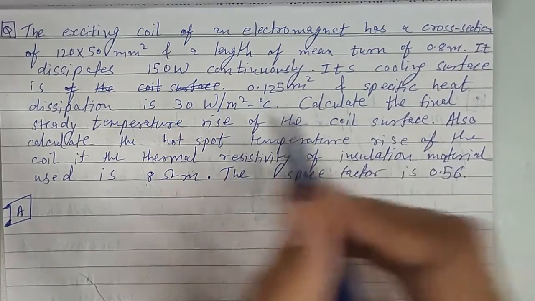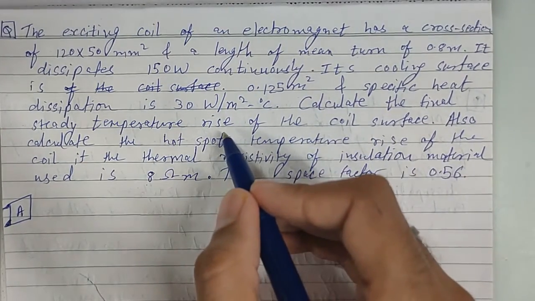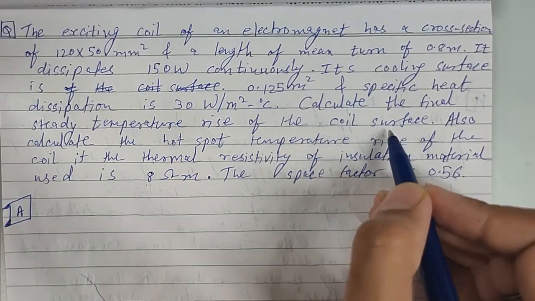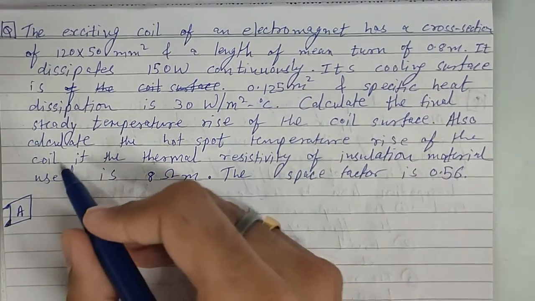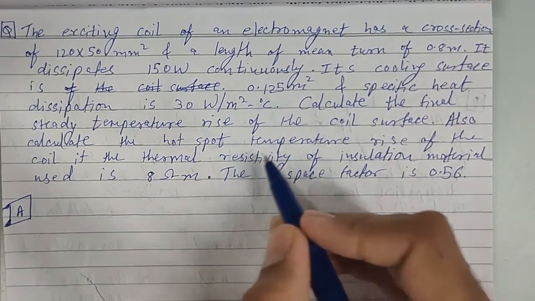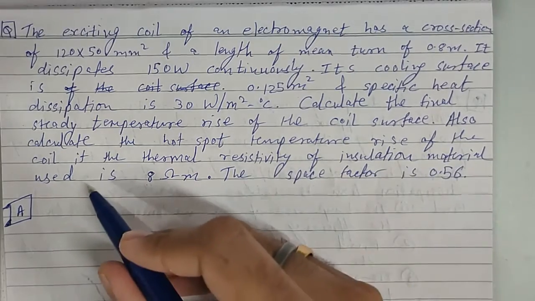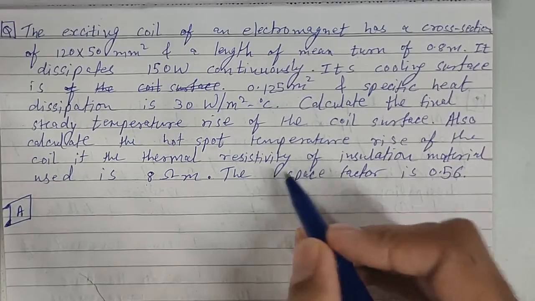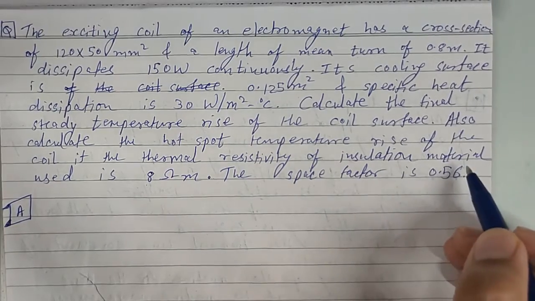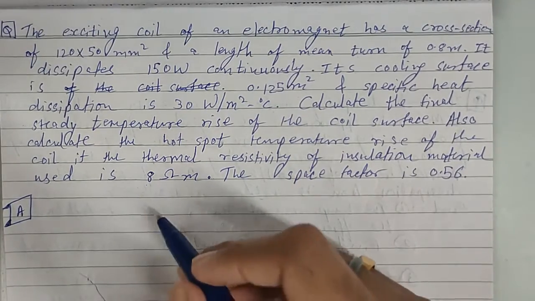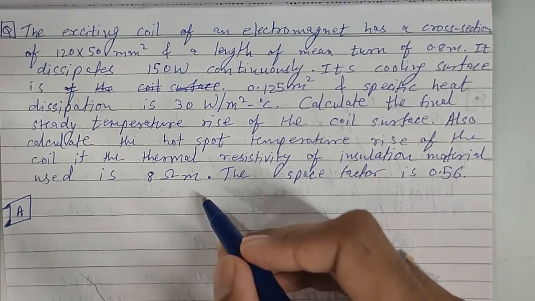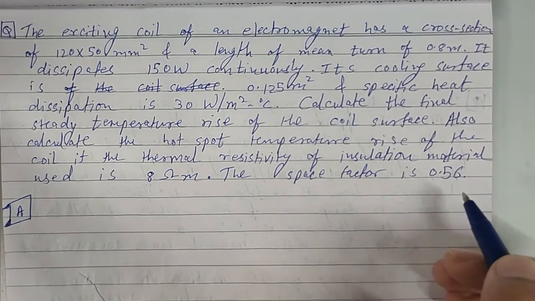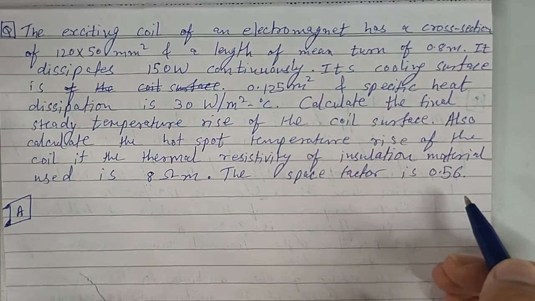Calculate the final steady temperature rise of the coil surface. Also, calculate the hotspot temperature rise of the coil if the thermal resistivity of the insulating material used is 8 ohm meter. The space factor given is 0.56.